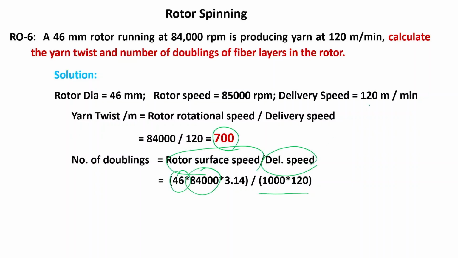Delivery speed is 120 meter per minute. So, 120,000 millimeter per minute, because rotor diameter is given in millimeter. So, number of back doubling is 101.